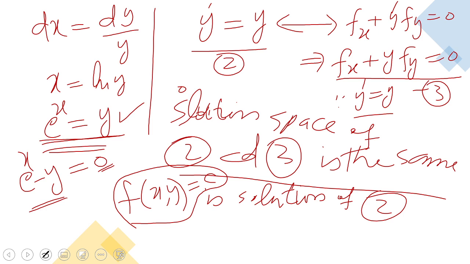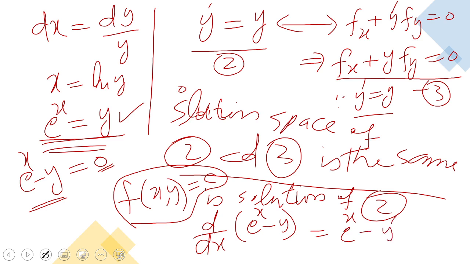I operate d by dx on the solution space, and it gives me e to the x minus y dash, and what is y dash?